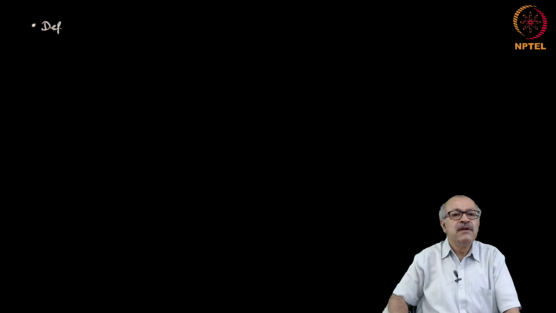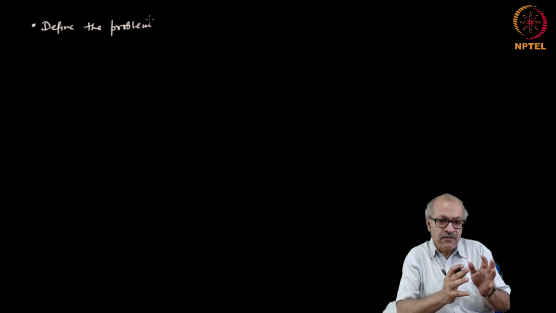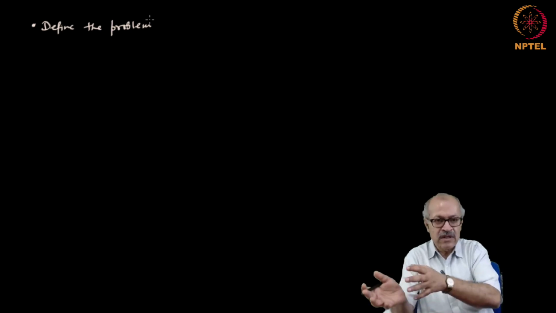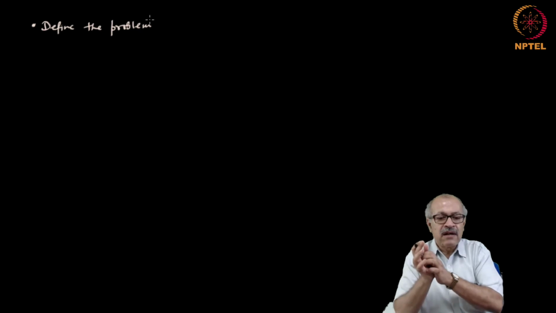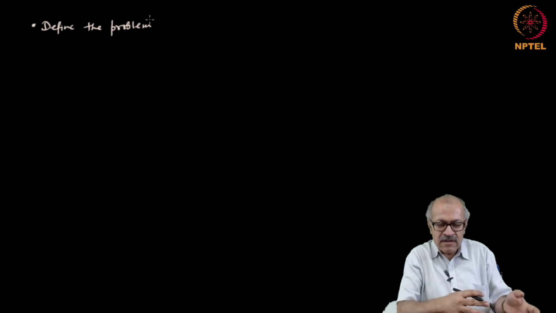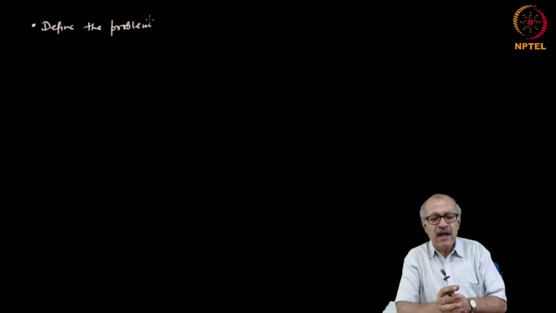The first aspect that we have to talk about is to define the problem. What do you mean by defining the problem? Basically, identifying the phenomenon to investigate, identifying the various factors that may influence the output or the event that we are investigating, and within that there would be some which are independent variables, some which are dependent variables, identifying them and separating them out.